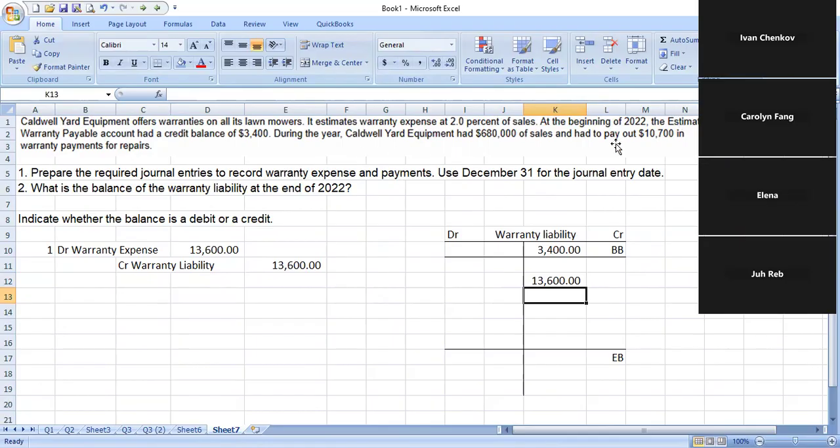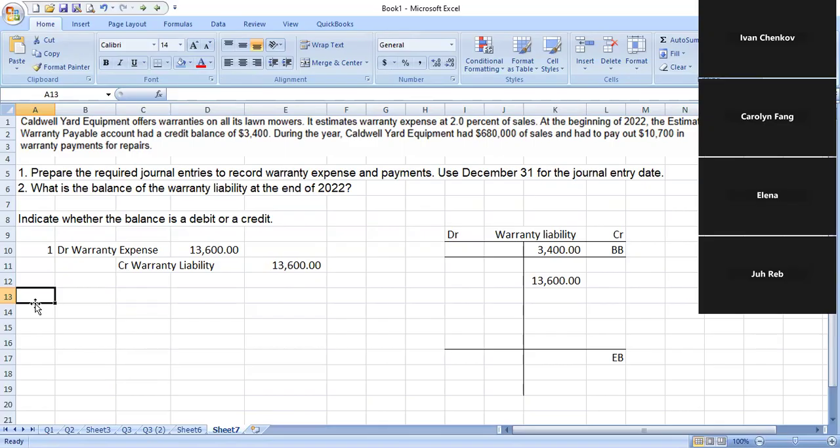We actually paid $10,700 on the warranty payments for repairs. Here the question could say we exchange the items on the warranty with new items, and that would change the account that you have to credit.